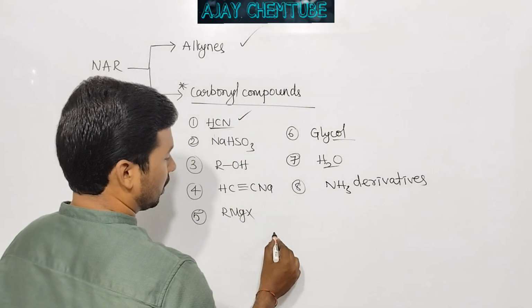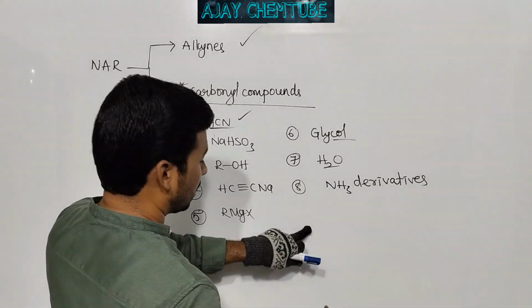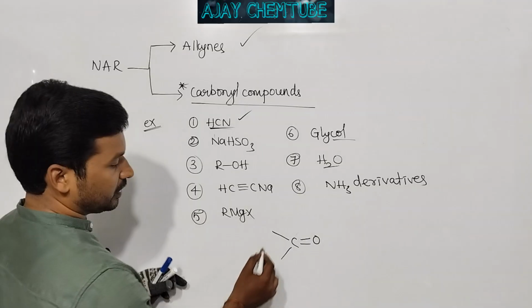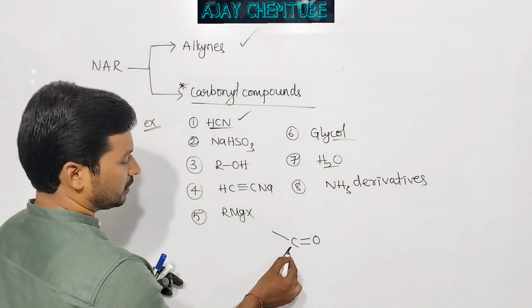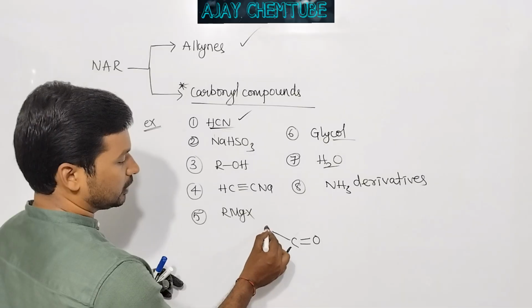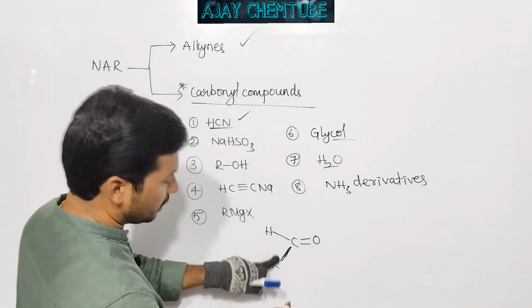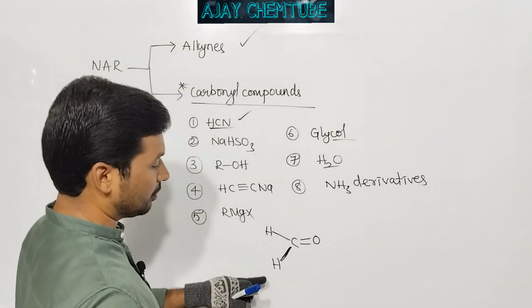A carbonyl compound may be an aldehyde or a ketone. If these two are alkyl groups, that is a ketone. If one is occupied by hydrogen, that is an aldehyde. If two are occupied by hydrogen, that is also an aldehyde, simple formaldehyde.